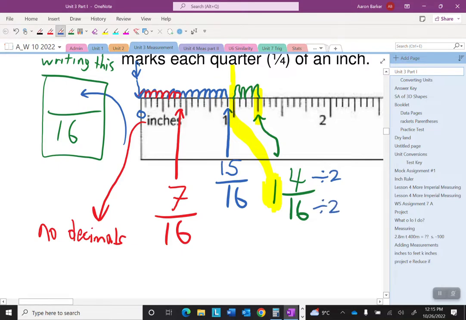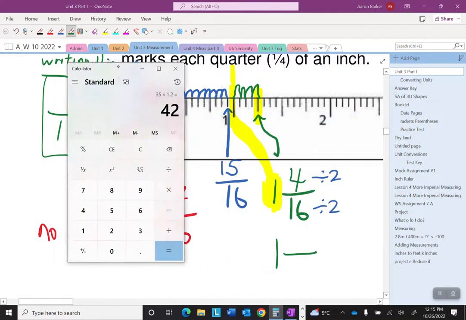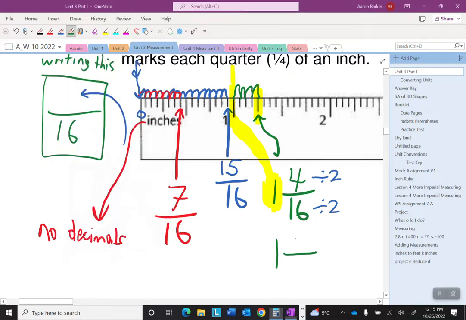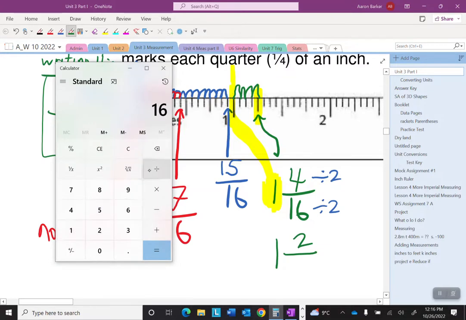You divide the top number by 2 and the bottom number by 2. What you're not dividing by 2 is the 1 whole number in front. Okay? So the 1 stays as a 1. It's a whole inch. But on the top, if you don't know how to divide 4 by 2, use your calculator. 4 divided by 2, it gives me 2. And on the bottom, 16 divided by 2 gives me 8.